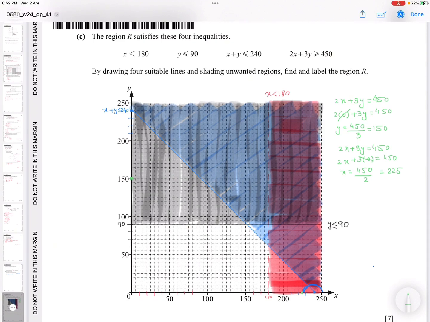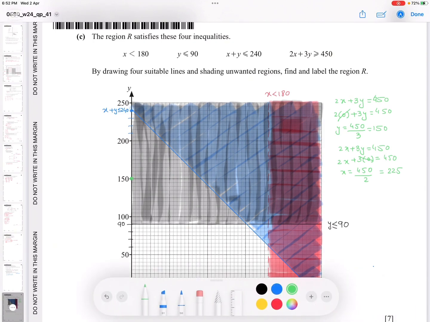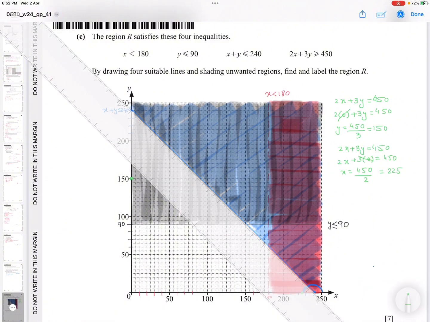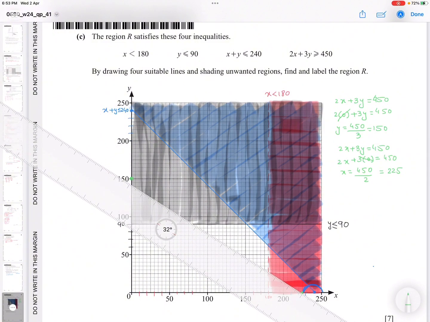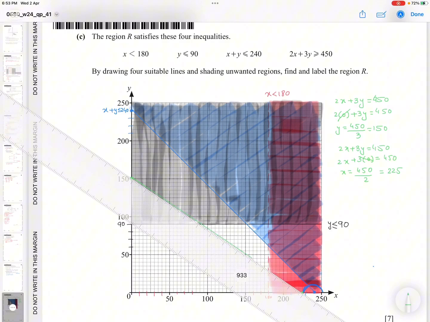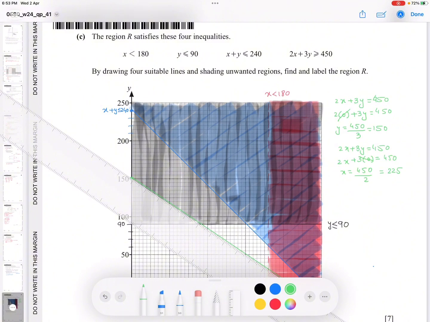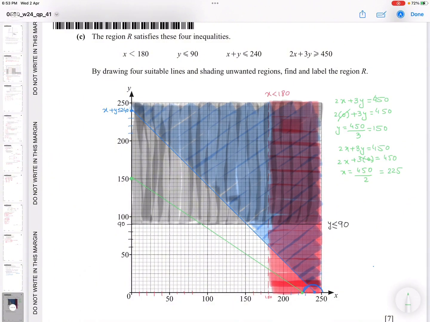Here is 225. Now you draw the line, join these 2 points. At one end you can write its equation, 2x plus 3y is greater than or equal to 450.